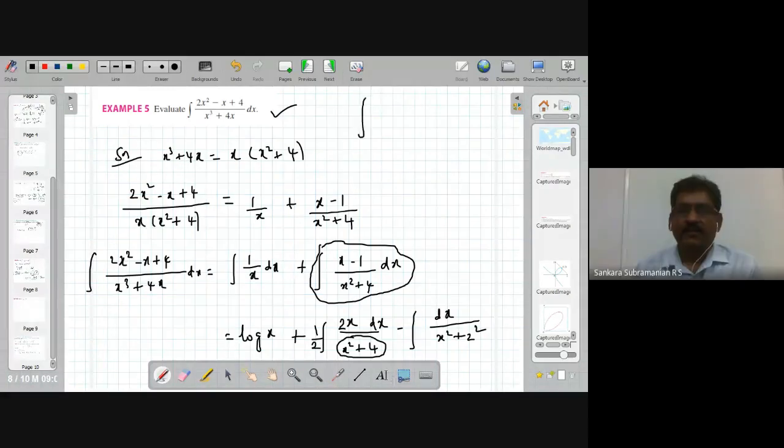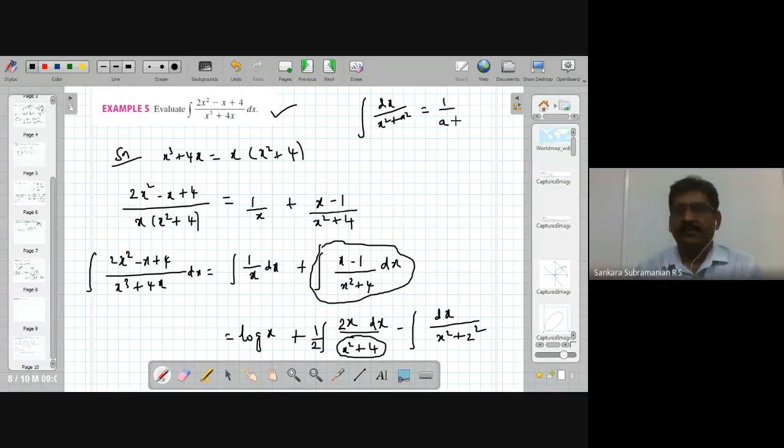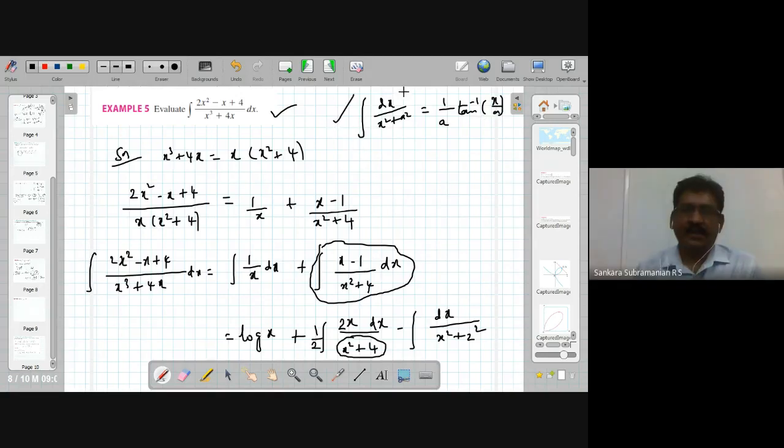And do you know the formula of integration of dx by x square plus a square? It is 1 by a tan inverse of x by a. So this you should know from the table. So I can write the answer now for this problem.